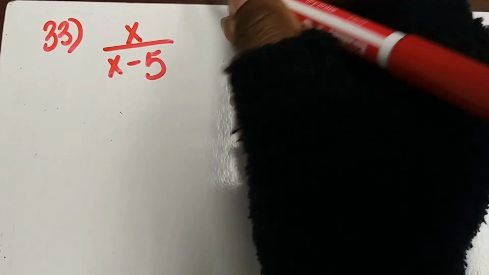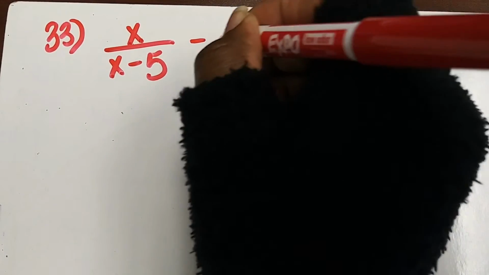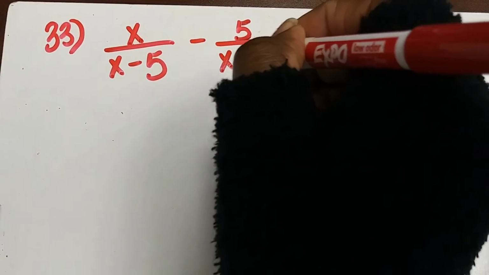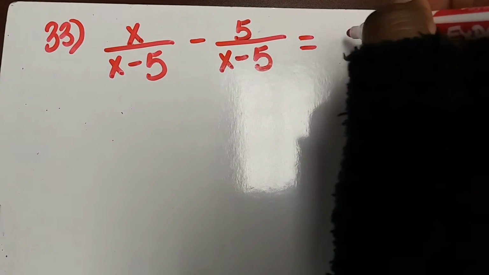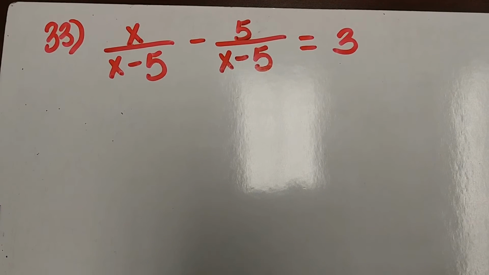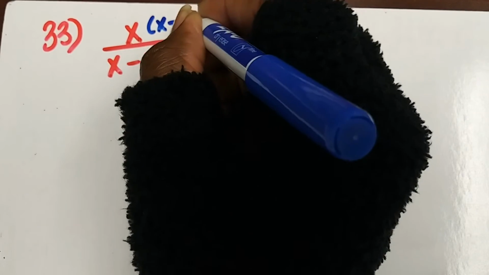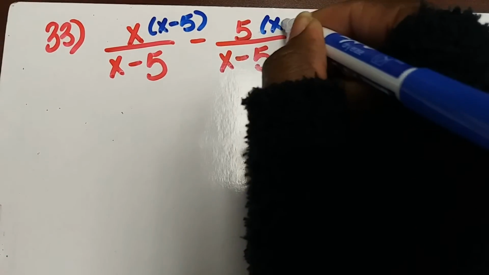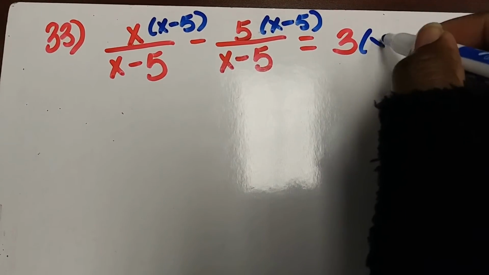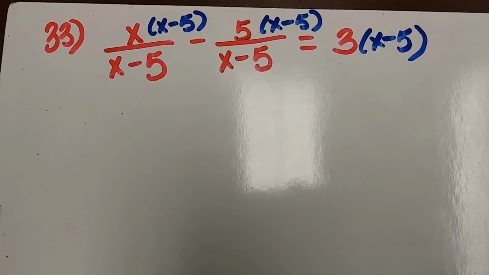33, I have x divided by x minus 5, minus 5 over x minus 5 again, equals positive 3. What is my least common denominator? The only denominator I see is x minus 5. So that is my least common denominator. Each part I multiply by x minus 5.